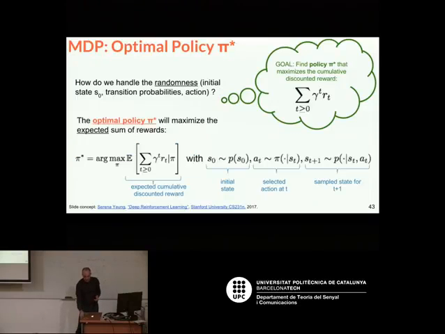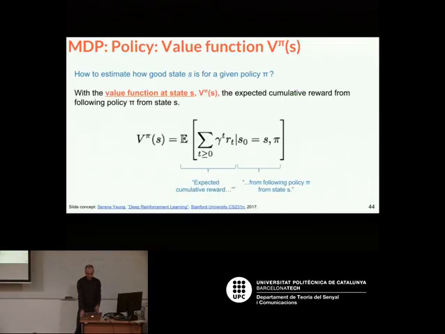Then as there's some randomness there, we'll need to deal with the expected sum of rewards because we don't have certainty of what's going to happen. So what we'll say is that the optimal policy is the policy that will maximize the expected cumulative discounted reward. That's the basic criterion to choose the optimal policy, and now we will develop from here.